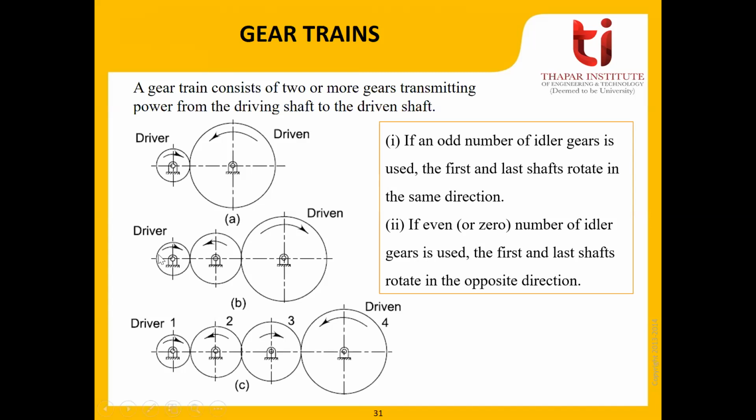This is the driver gear, then this is the intermediate gear, and this is the driven gear. Ultimately we give the power at this gear, and we take the output at this last one, which is the driven. We can use this intermediate gear. So this system is known as a gear train.